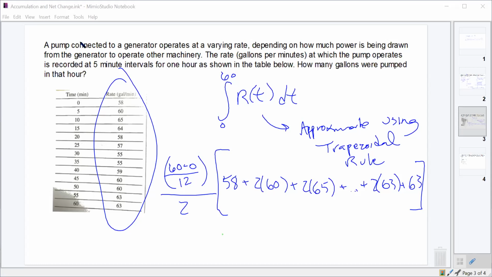I got 3,740. That's different than what they got last period. Oh, okay. I got 4,299. That's also different from what they got last period. I got 8,598. That's also different from what they got last period.